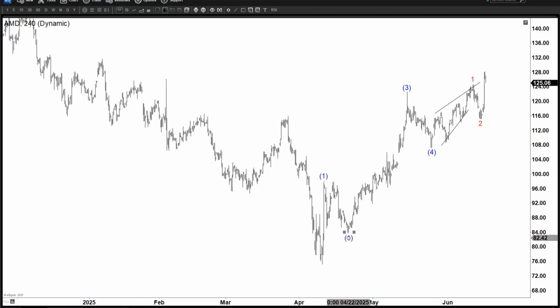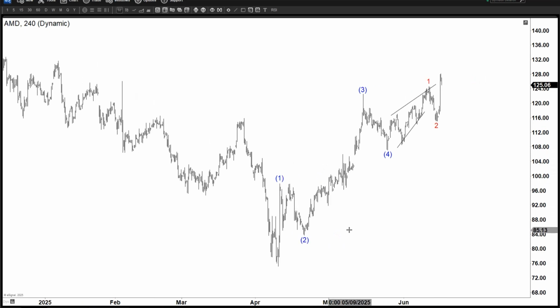Since we bottomed on April the 9th, notice how many swings we have so far: 1, 2, 3, 4, and then we broke above wave 3 already, so we've got a 5 swing already.